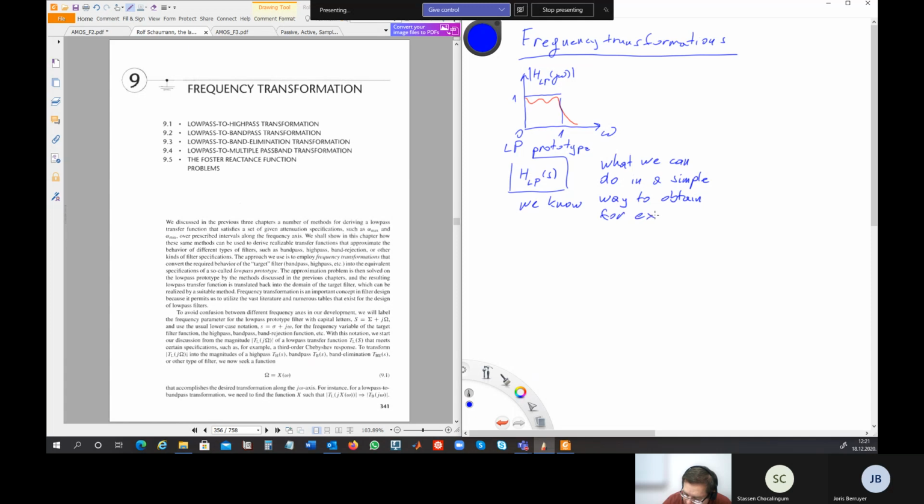for example, a bandpass like this. So we want to have from this one the bandpass which we want as a result.